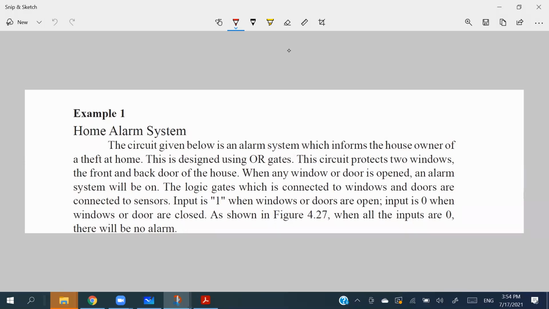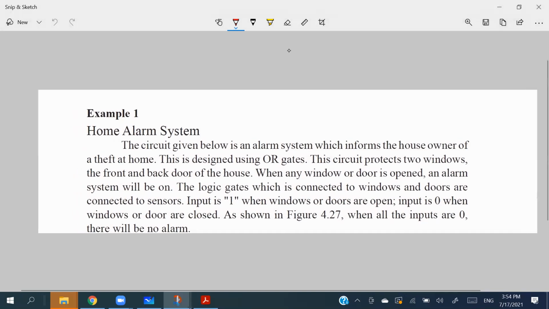So this circuit in your book is designed with the OR gates, and it is protecting a house. How is it going to protect it? It's going to buzz an alarm if any one of these doors is open. It says when any window or door is open, an alarm system will be on.